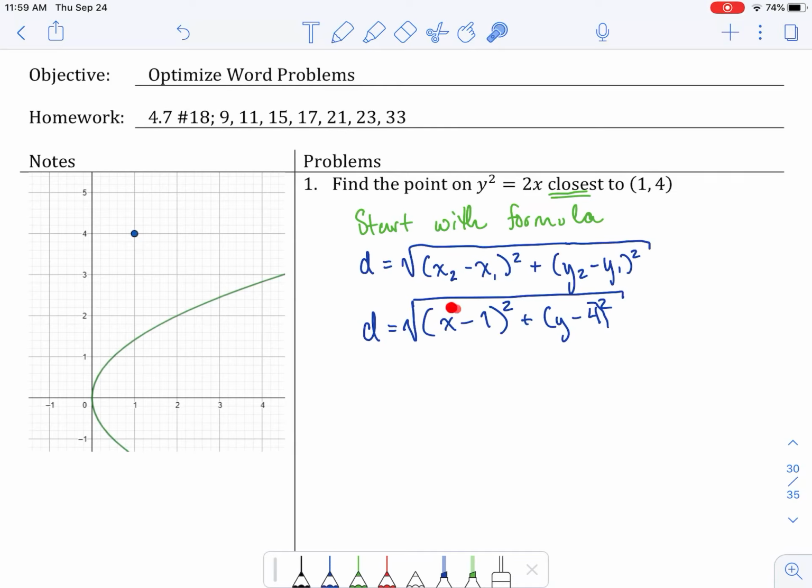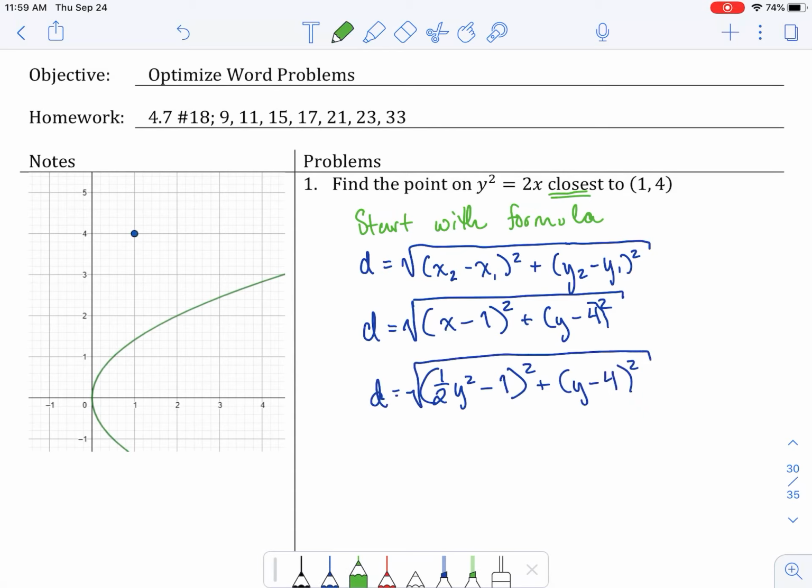So the way that I'm going to reduce that here is I'm going to substitute for x or y because I want to keep distance, because I want to find the derivative about distance. So here I'm going to use my other piece of information, y squared equals 2x, and I'm just going to say, oh, well, that makes it easy to solve for x. x is 1/2 y squared.